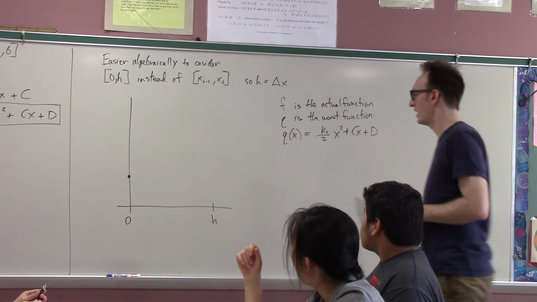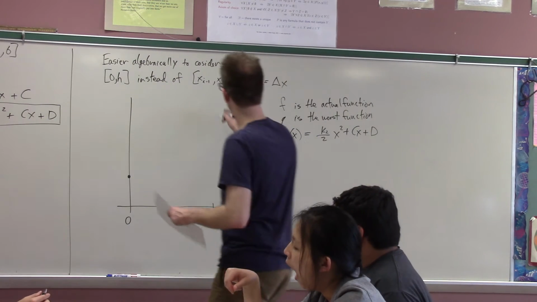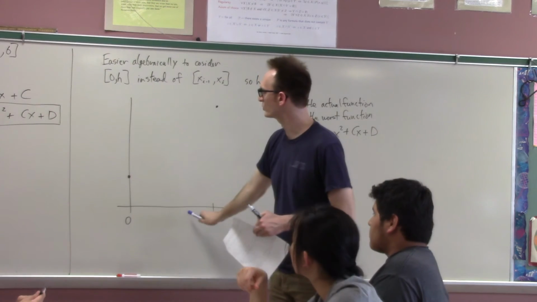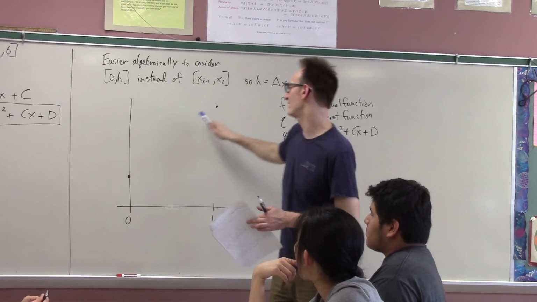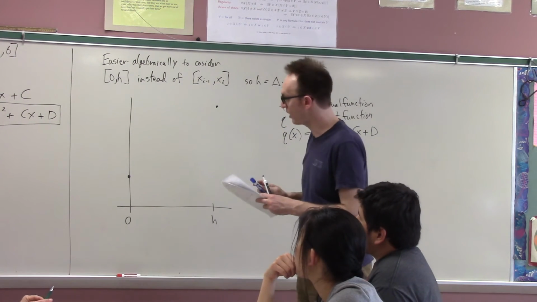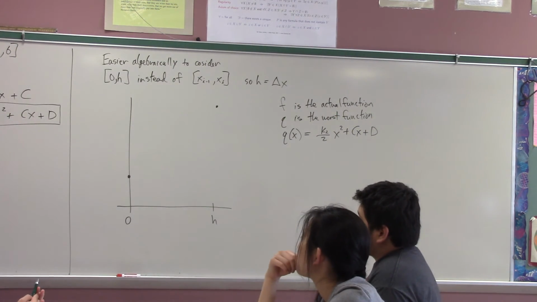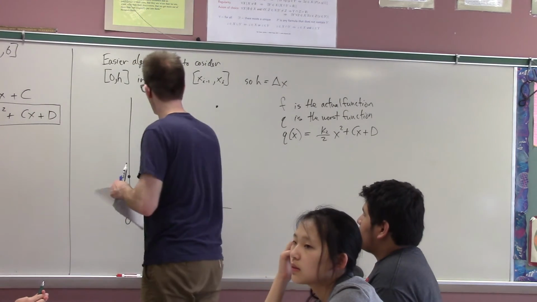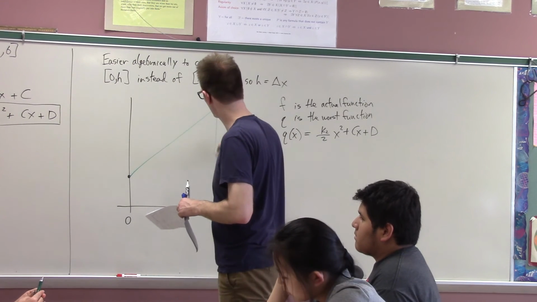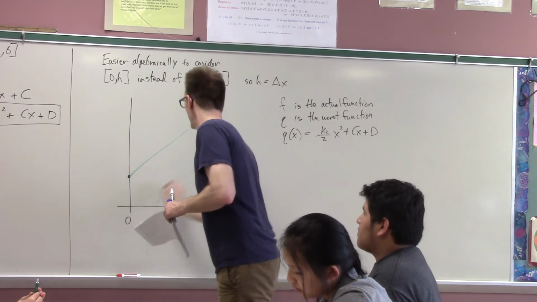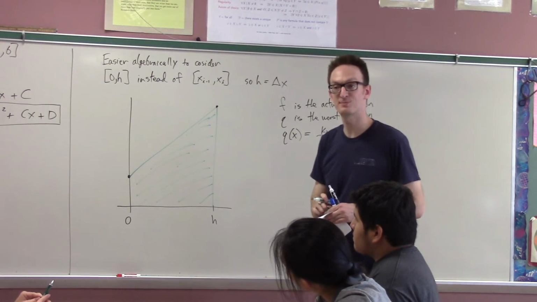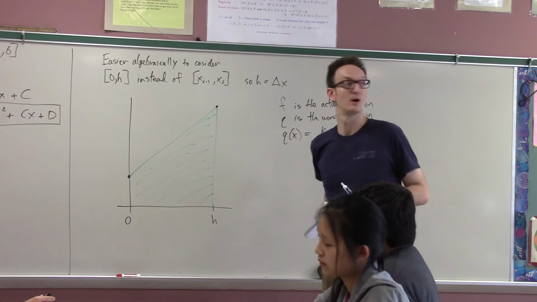Built into the use of the trapezoid rule is the fact that we sample the function at the left endpoint of the subinterval and the right endpoint of the subinterval. That's our reality check. When I am using the trapezoid rule and pretending that the function looks like this, this green area is the area that I estimate is under the curve on this subinterval.